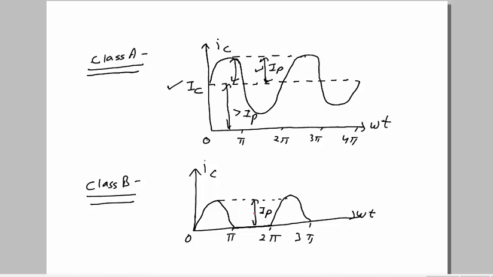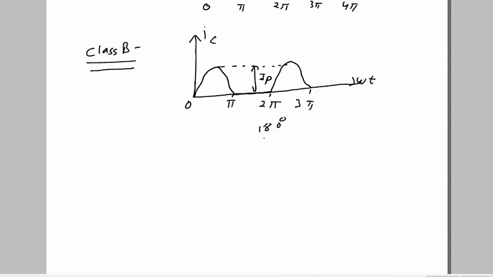Thus a transistor in a class B stage conducts for only half the cycle of the input sine wave, resulting in a conduction angle of 180 degrees. Now what about the remaining half?